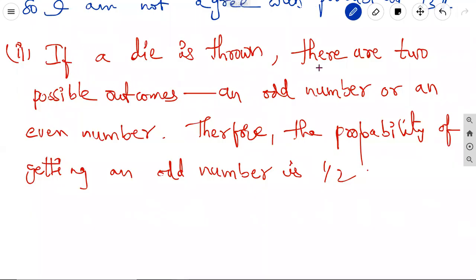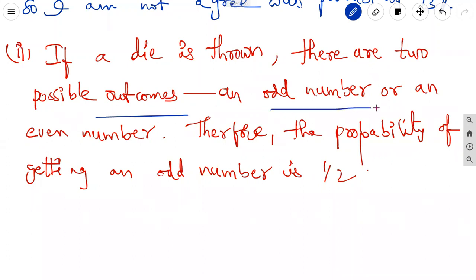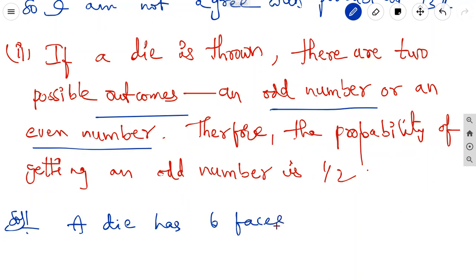If a die is thrown, there are two possible outcomes, odd number or even number. Therefore, the probability of getting an odd number is 1 by 2. First, we can say a die has 6 faces. Okay. Then the sample space equal to 1, 2, 3, 4, 5, 6.